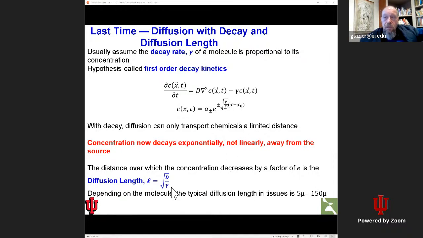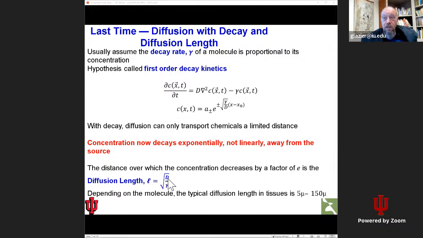So the diffusion length goes like the square root of the diffusion constant divided by the decay constant. And the critical thing to remember is that the diffusion time went as the square of the distance, linearly in 1 over the diffusion constant.